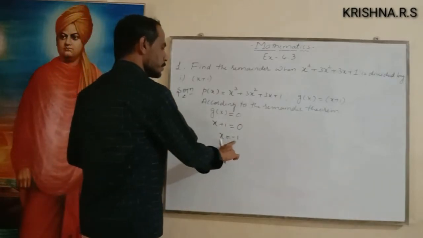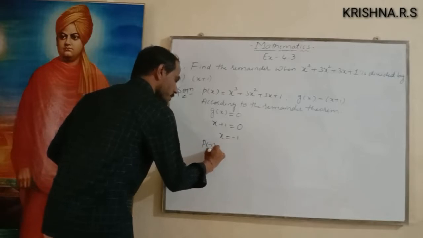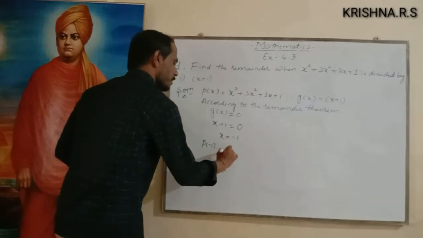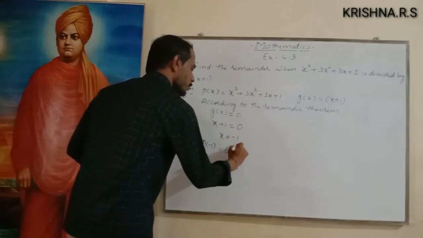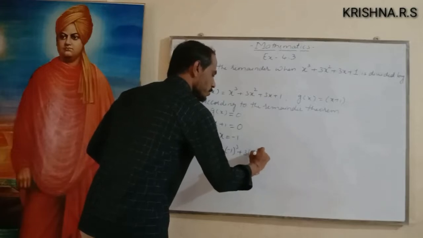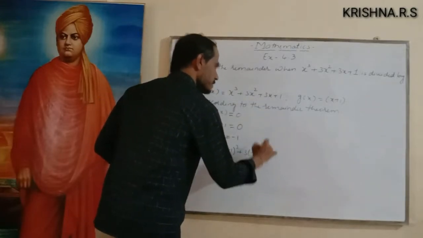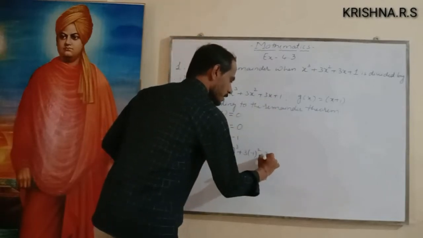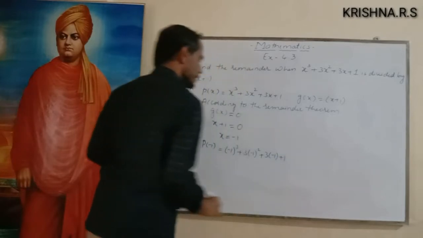Substitute x equals minus 1 in P of x. It becomes P of minus 1 is equal to x cube, minus 1 cube, plus 3x square, 3 into minus 1 square, plus 3x, 3 into minus 1, plus 1 as it is.